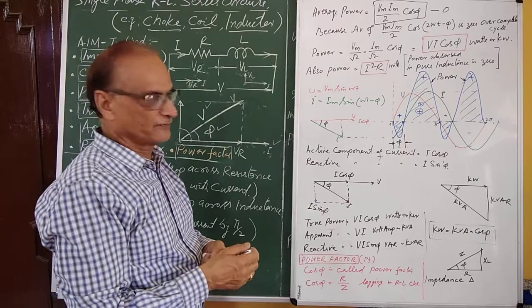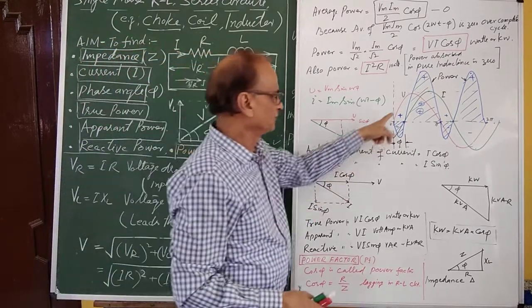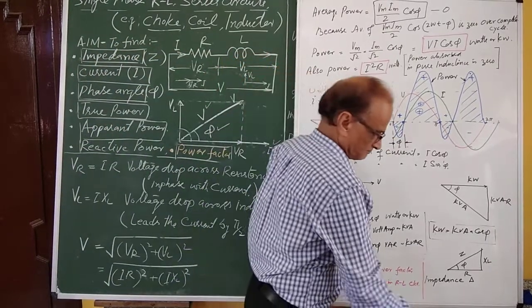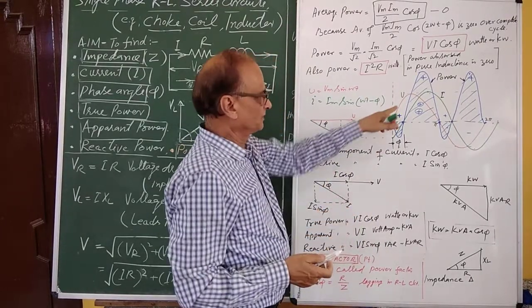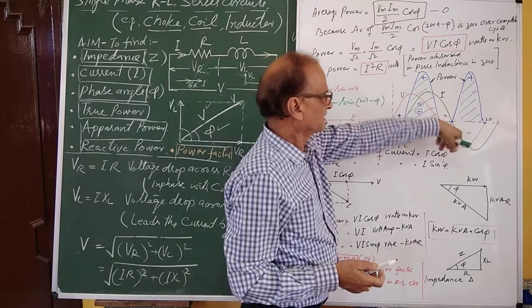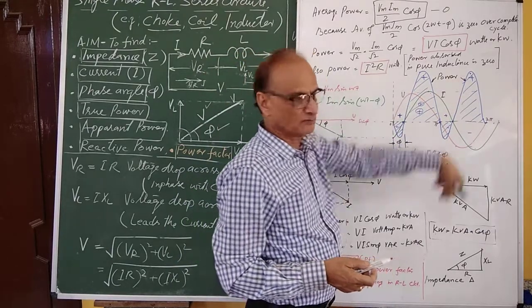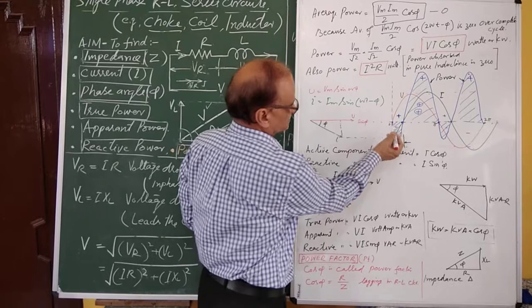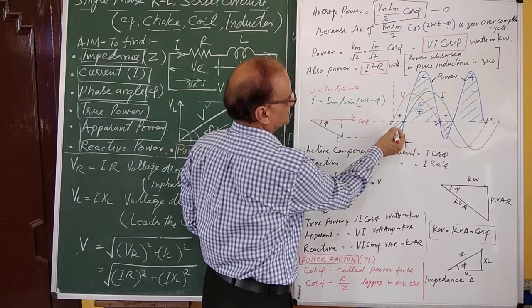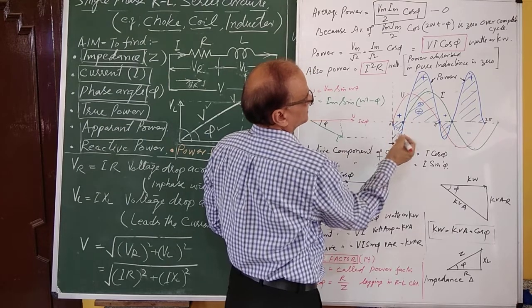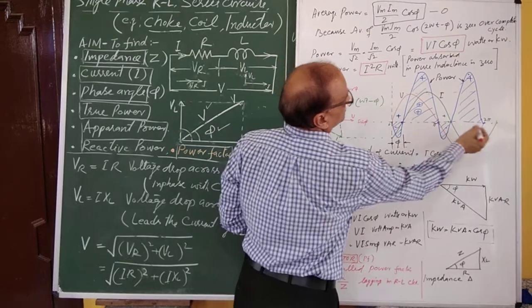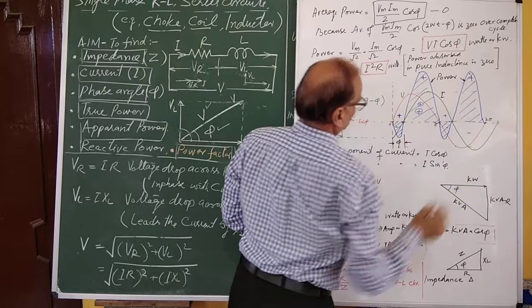For plotting the waveform for power, we multiply voltage and current at every point and we plot the waveform for power. At this point, voltage is 0, power is 0. At this point, current is 0, power is 0. So these are 0 points for the power wave.